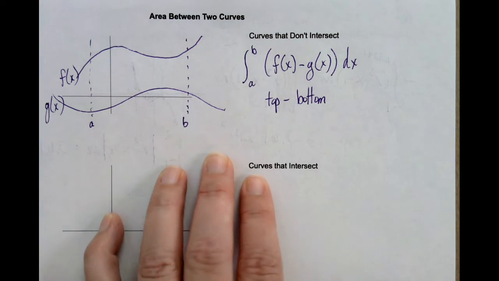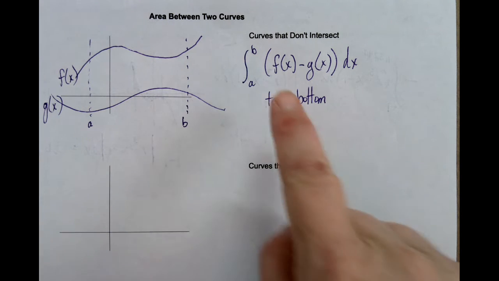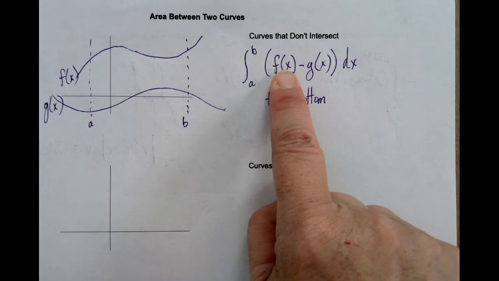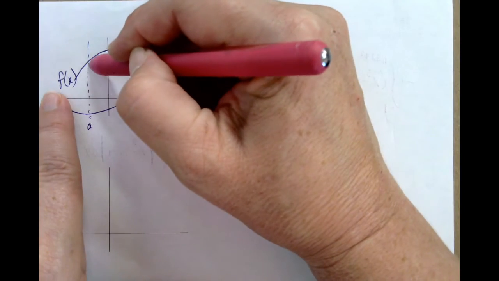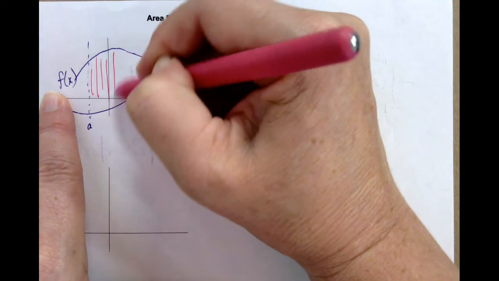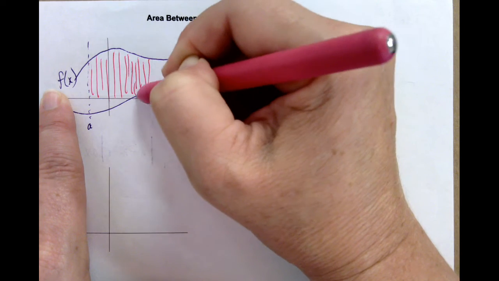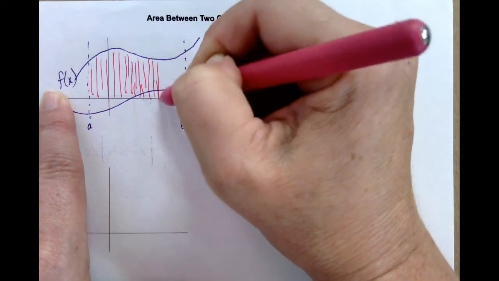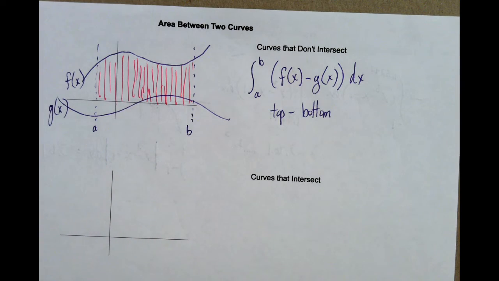Now, is anybody having trouble seeing how that would be? If I just do the integral of f of x, what that will give me, well, no, that goes all the way to the x-axis. So it would be that, right?